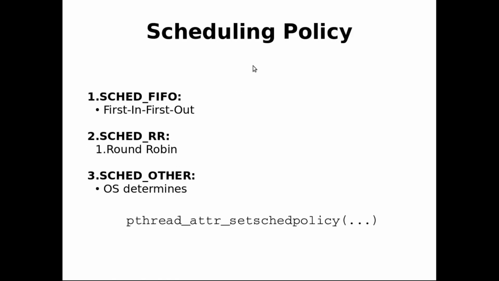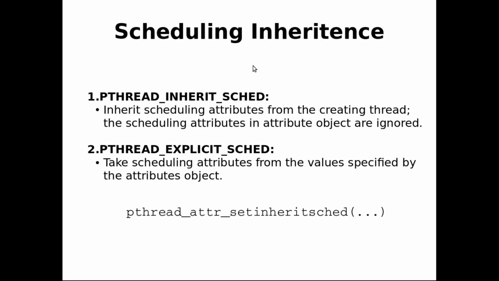Now next attribute is the scheduling inheritance, which can have two different values. One is inherit scheduling, the other one is explicit scheduling. Now when we set the attribute to inherit scheduling, it means that the newly created thread will inherit the scheduling attributes from the thread that created it.